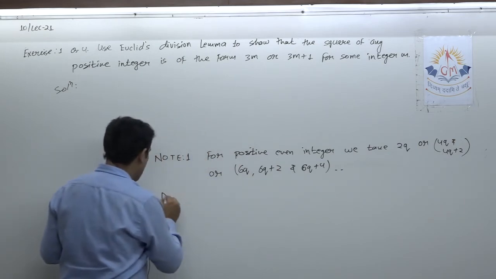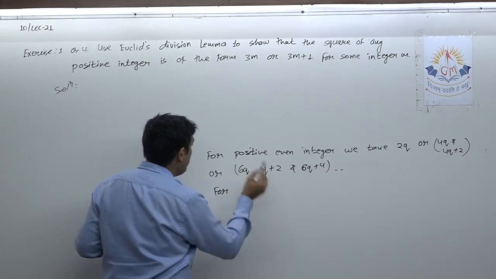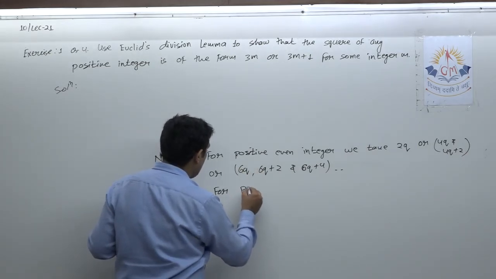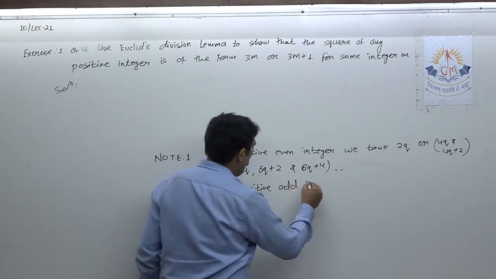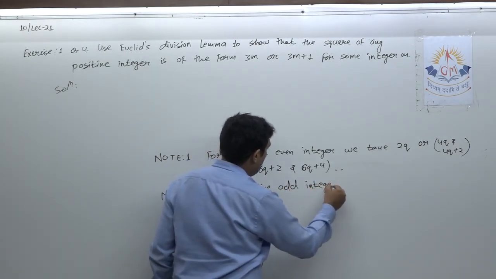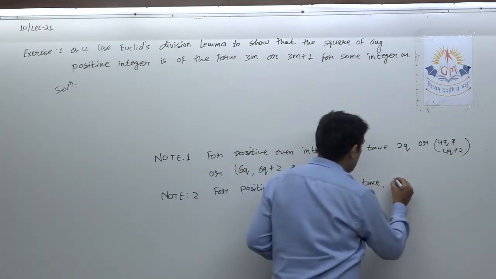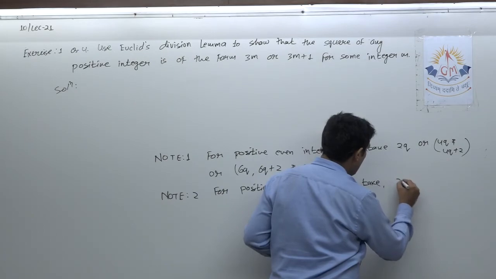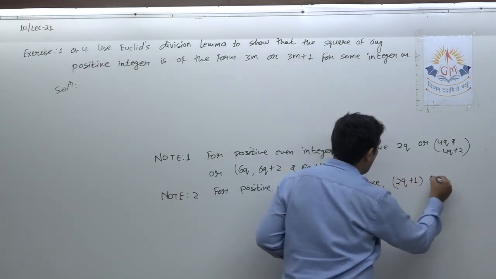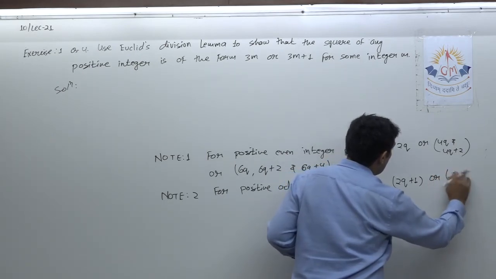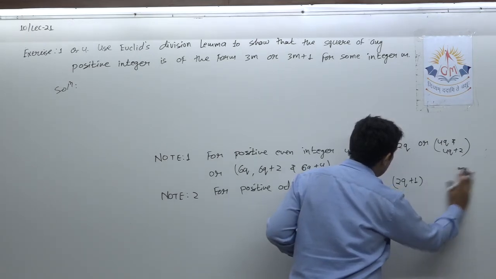Now if I have to take a positive odd integer, so for a positive odd integer we take, not 3q. Okay, why not, that I will let you know. 2q plus 1, or 4q plus 3.